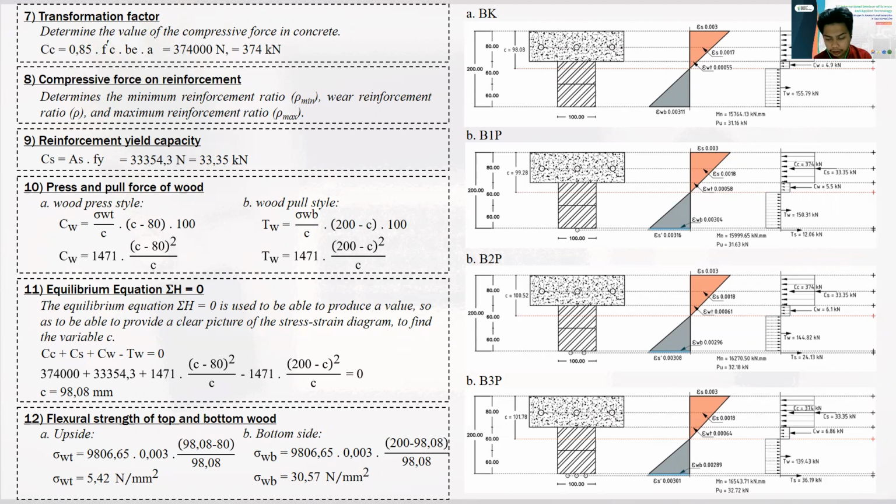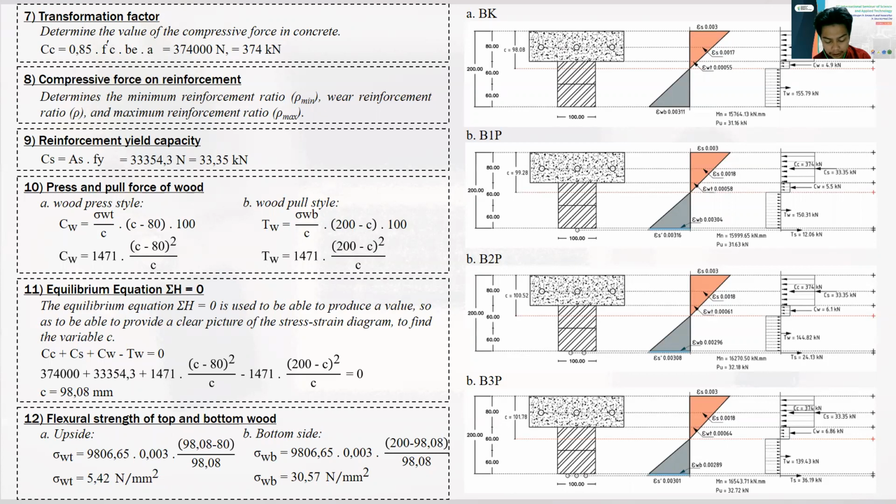The one reinforced: the moment capacity is 15,999.65 kilonewton millimeter, and the axial capacity is 31.63 kilonewton. And the third is with two reinforcements, and the moment capacity is 16,270.50 kilonewton millimeter, and the axial capacity is 32.18 kilonewton.